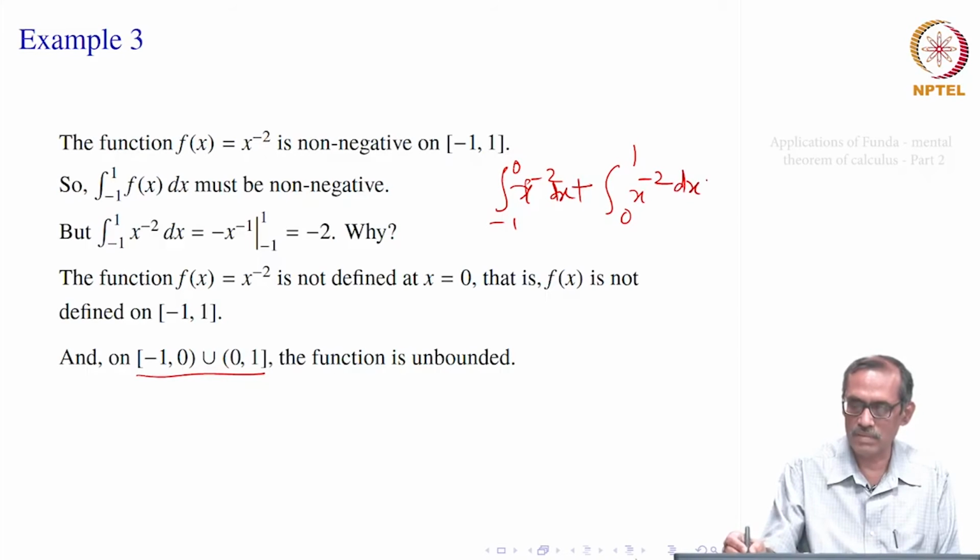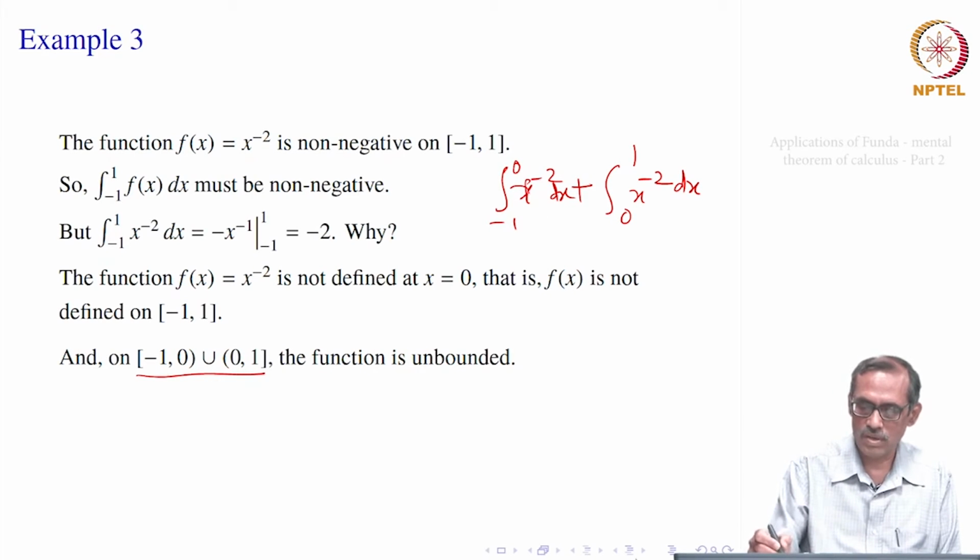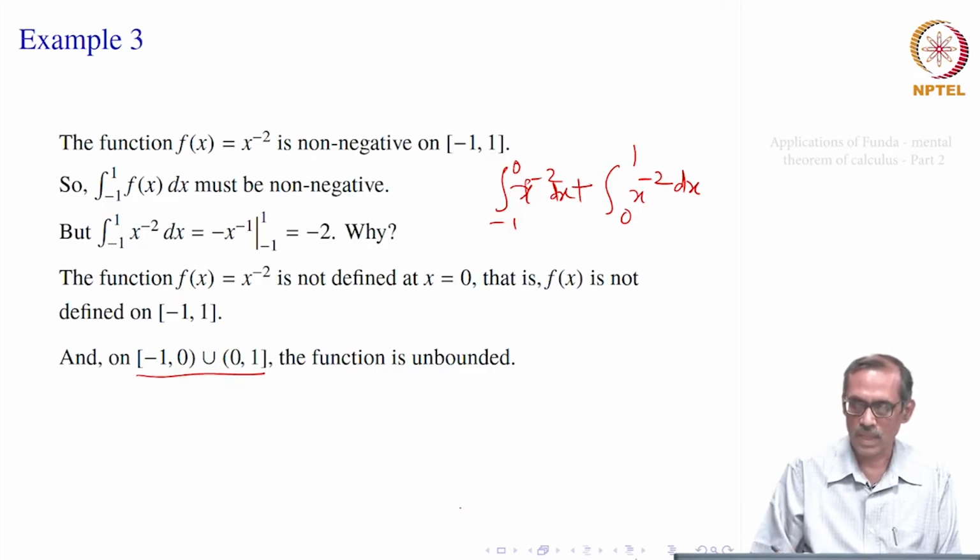What about this integral? Even if it is not defined at 0, this integral may be defined. Well, but what happens near 0, x becomes very large, 1 by x to the power minus 2 becomes very large when x approaches 0. So, this function is really unbounded. So, since unbounded, it might become infinity, minus infinity or whatever. There is no minus because it is non-negative. So, it will become infinity.